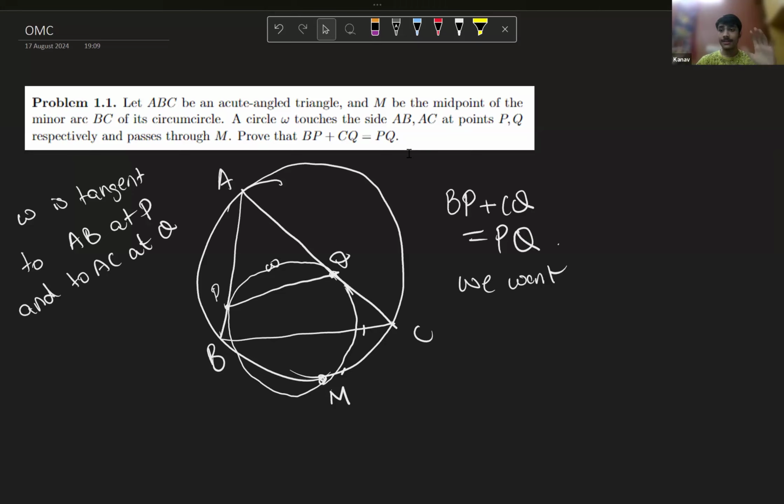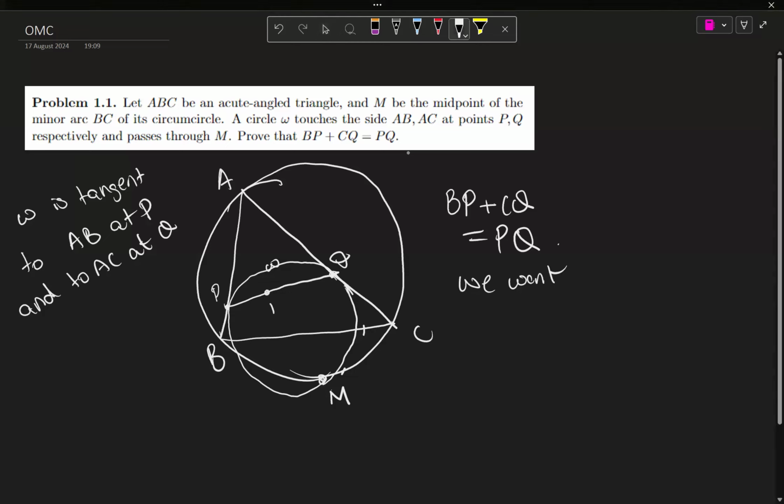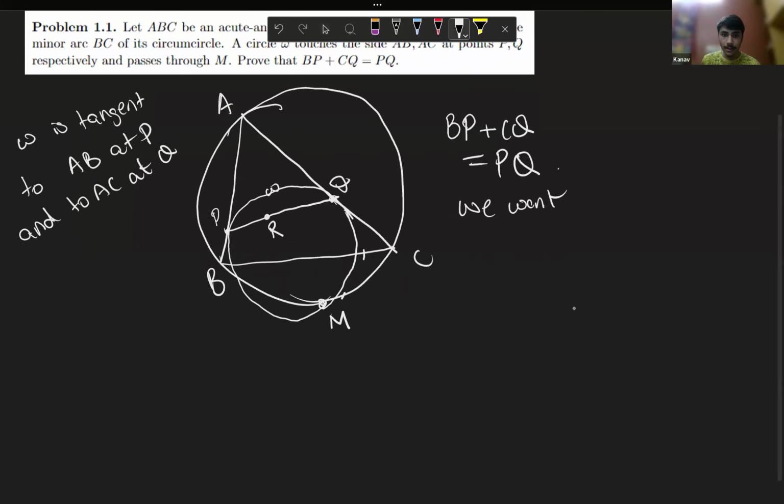So if at any point you have any ideas, feel free to speak. We can, I guess, make a point R on PQ such that PR is equal to PB, and then try to show that angle QRC is equal to angle QCR. That is a great idea. That is a wonderful idea.